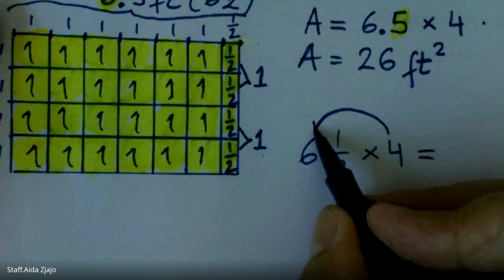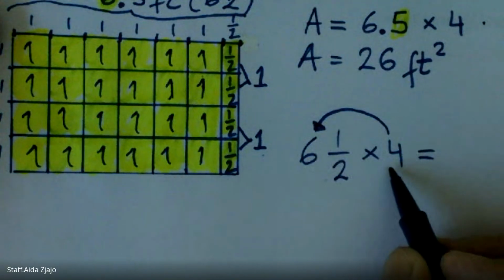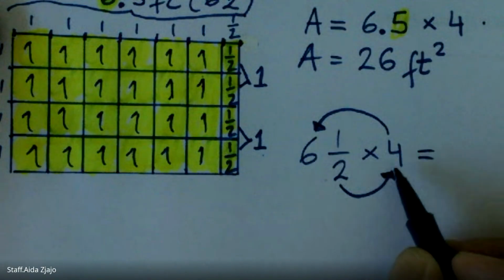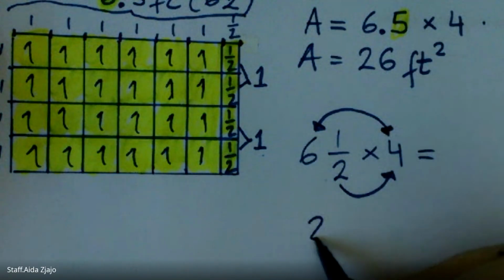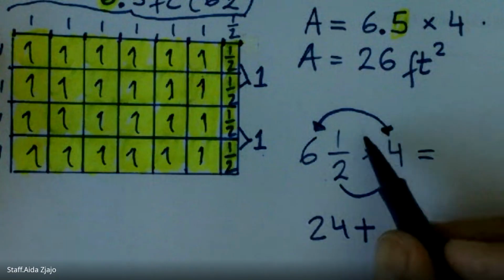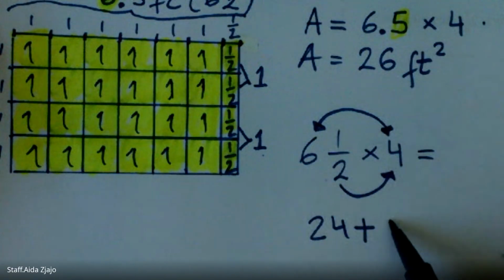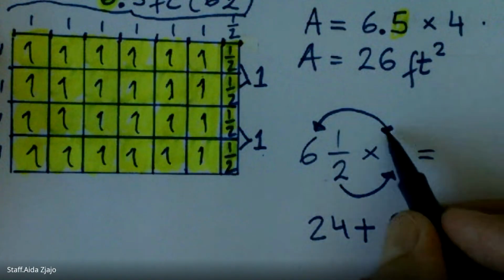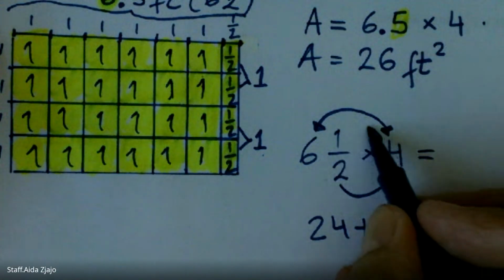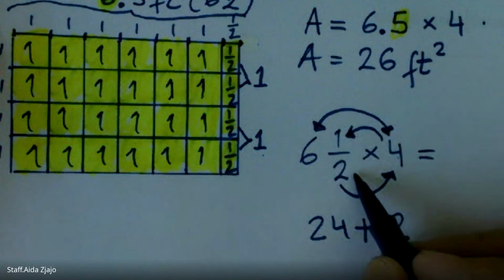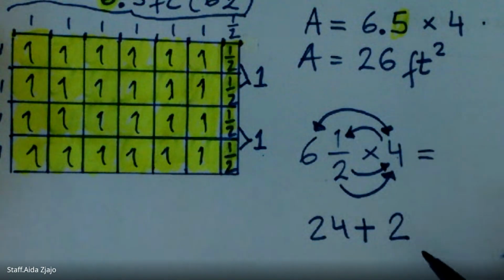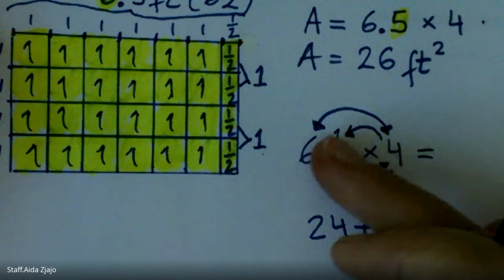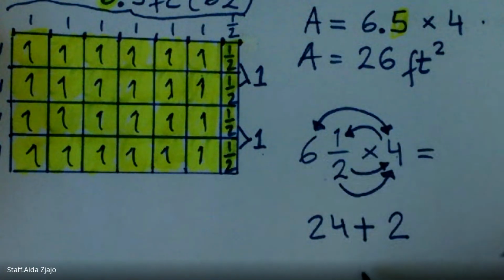So 4 times 6, and what is half of 4? 6 times 4 is 24, plus half of 4, that's 2. Or 4 times half. Half of 4 is 2, or 4 halves is 2. The final answer is 26.